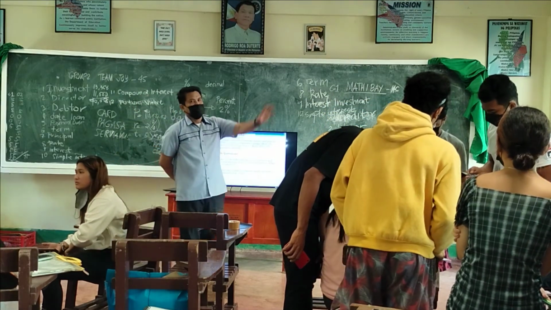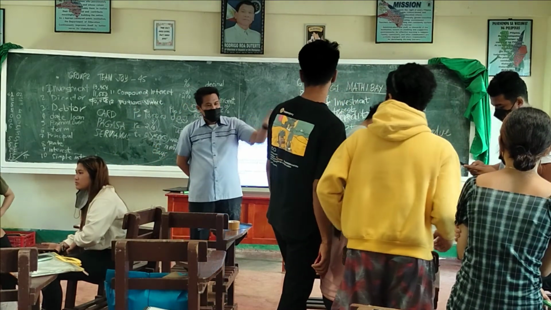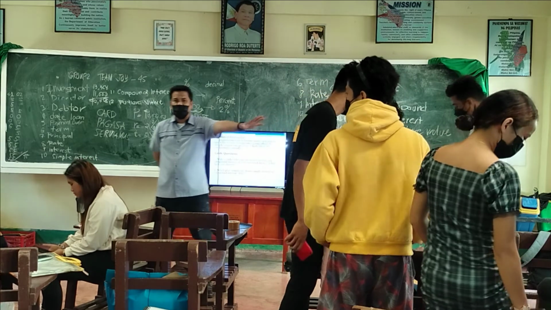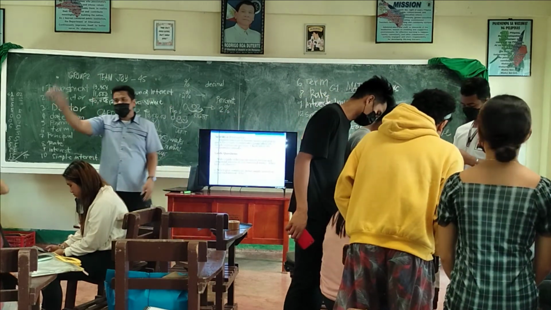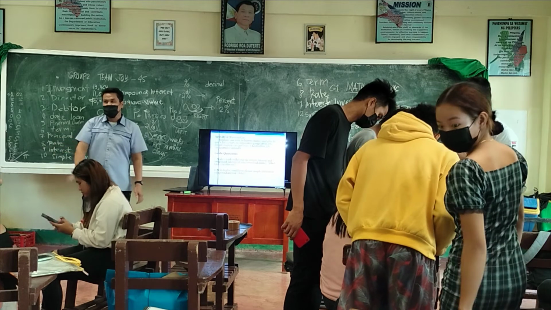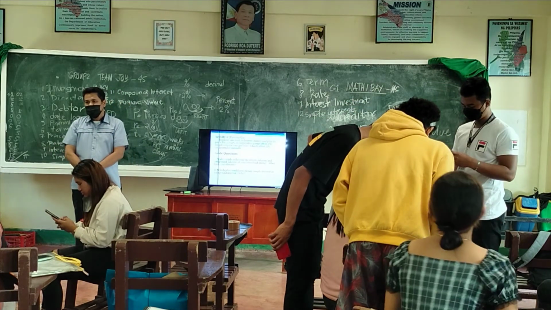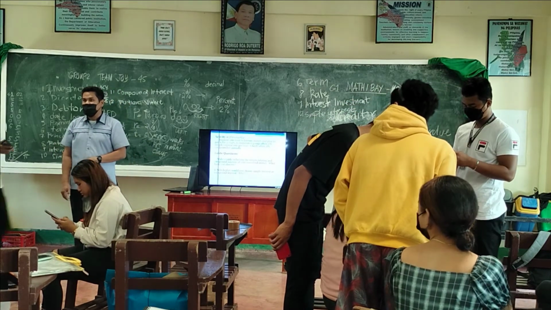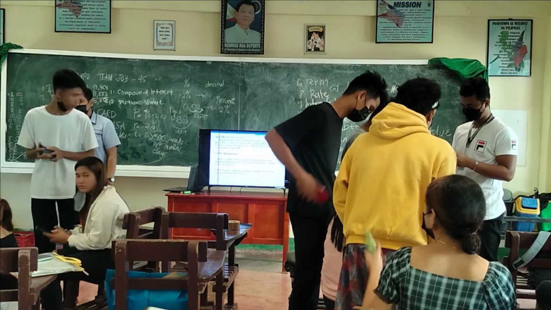So, for group Matibay, we have the compound interest. In group Team Joy, we have the simple interest. But you are going to borrow money, which is 10,000.